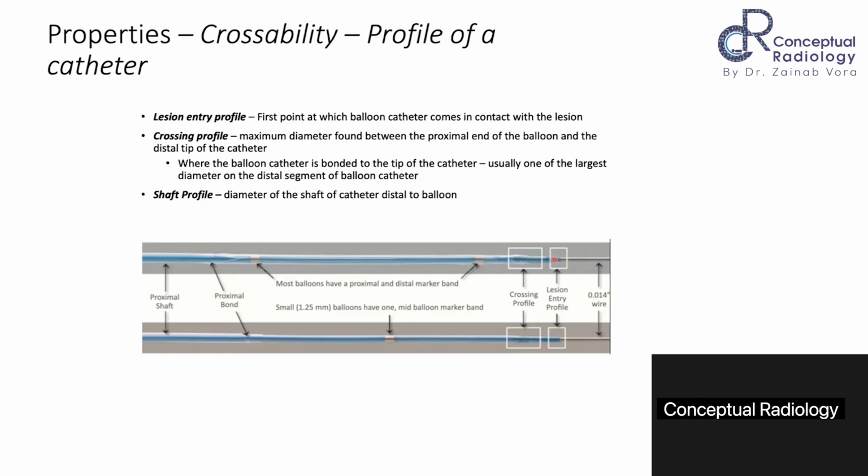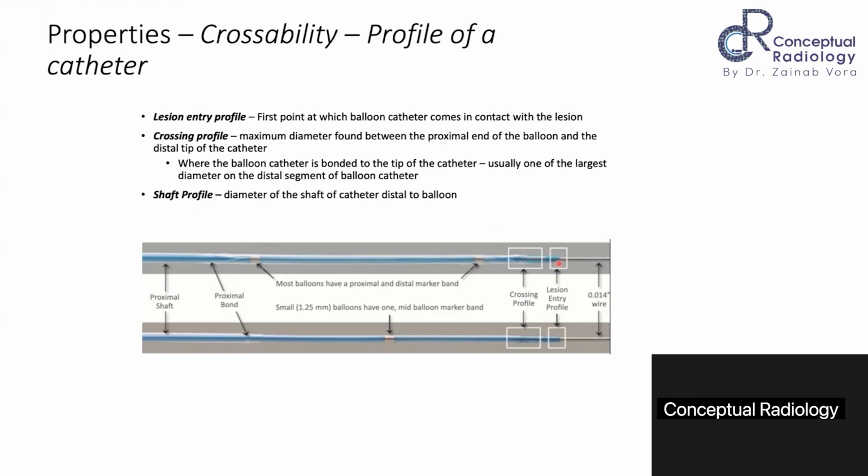When you have a stenosed segment, it can be very difficult for the balloon to go through. It is very important that the balloon in its uninflated stage is as thin as possible so that over the wire it can cross the lesion. So that is called the lesion entry.